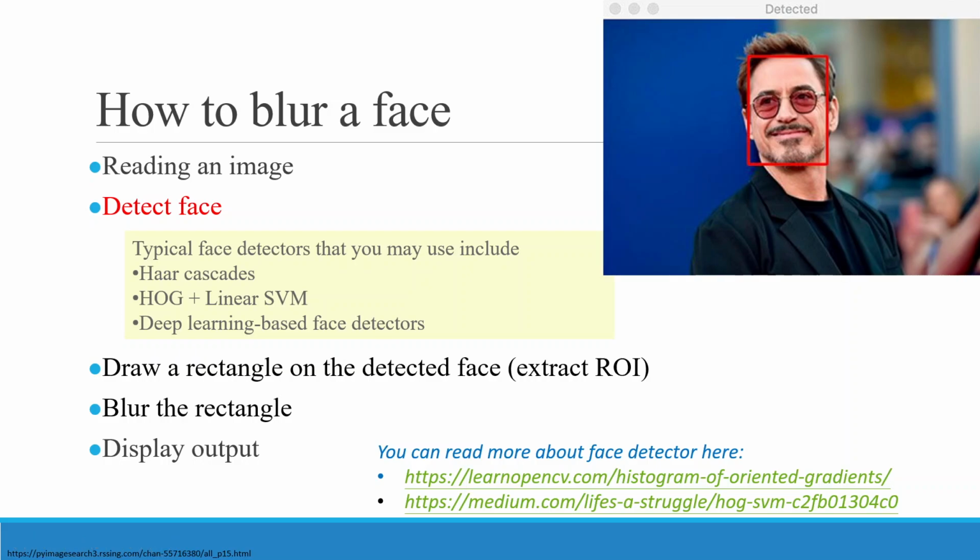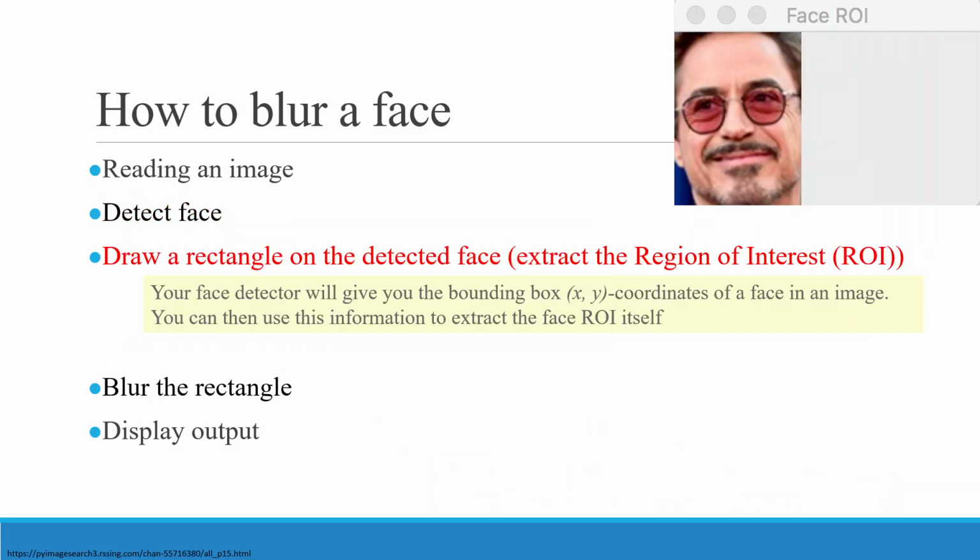As I just mentioned, there are many kinds of face detectors you can use nowadays. And then you can draw a rectangle on the detected face to extract the ROI.